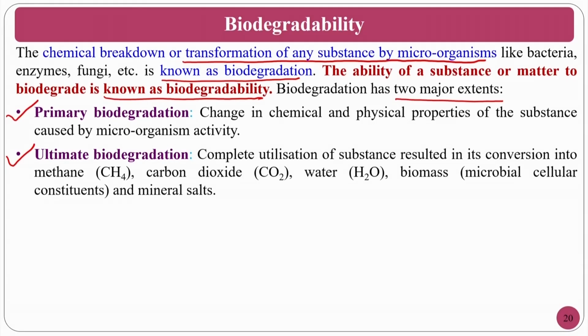Primary biodegradation means a change in the chemical or physical properties of the substance by microorganism activity, and ultimate biodegradation means complete change. That means complete utilization of the substance, resulting in conversion into methane, carbon dioxide, water, biomass and other salts. This is nothing but ultimate biodegradation.